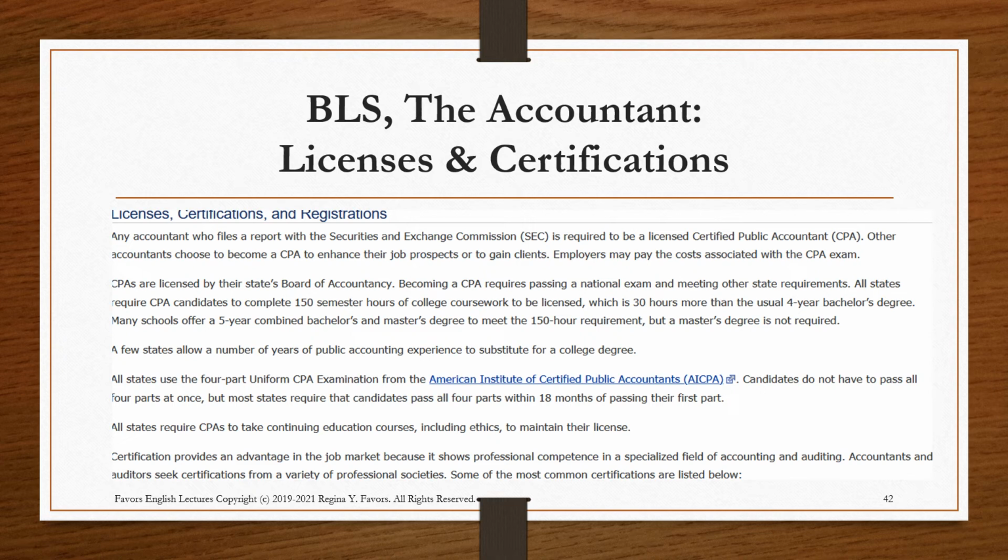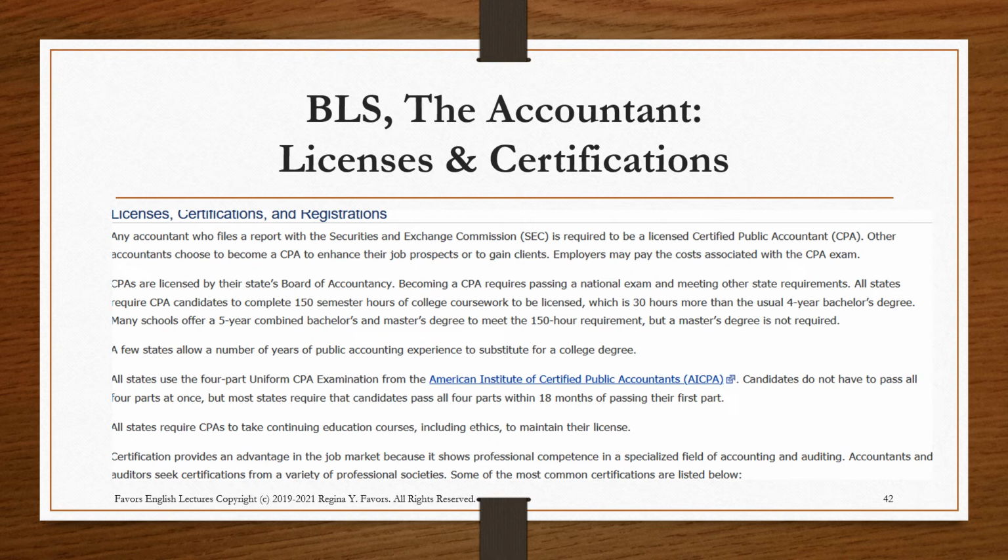Many schools offer a 5-year combined bachelor's and master's degree to meet the 150 hour requirement, but a master's degree is not required. And so when you are planning out your career, this is information that you need to know. A lot of times people think, well, all the work that I did with my 4-year undergraduate degree should be enough.